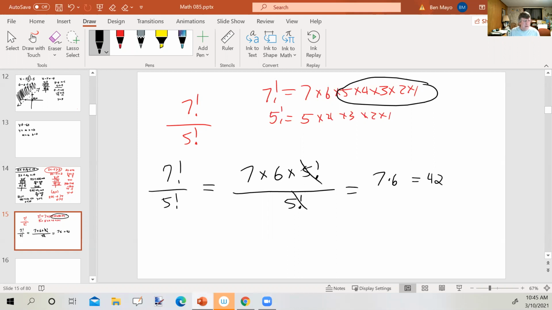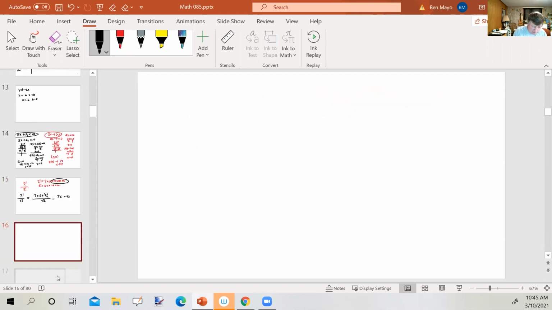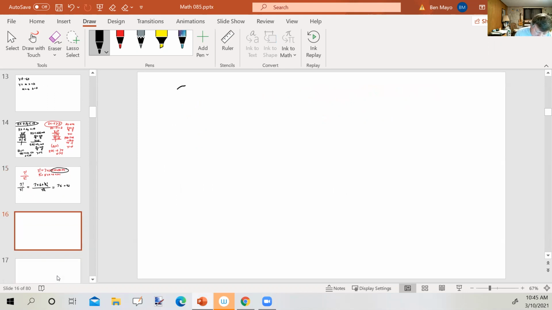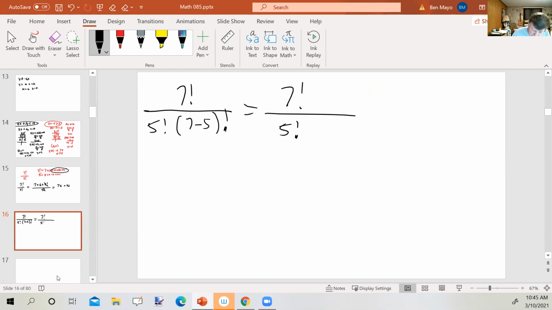Yeah. All right, let's take a look at another one here. This says 7 factorial over 5 factorial times 7 minus 5 factorial. So that would be 7 factorial over 5 factorial times, what is 7 minus 5? That's 2 factorial. Well, I could take a 5 factorial out of 7 factorial.